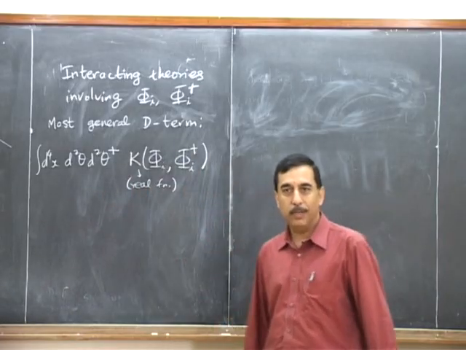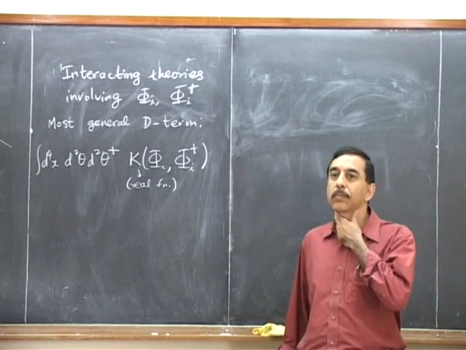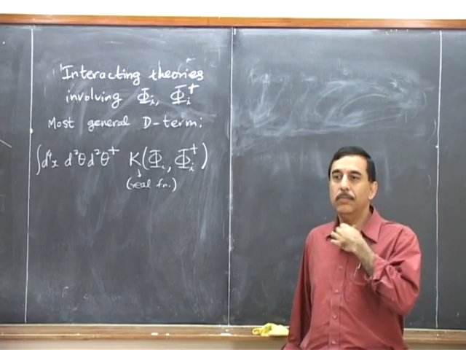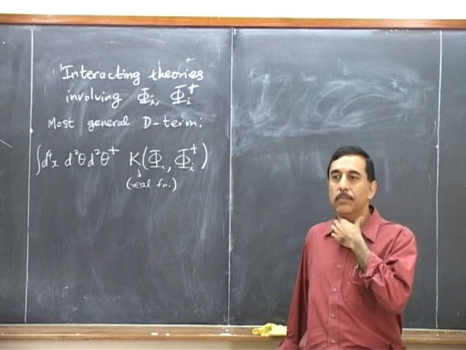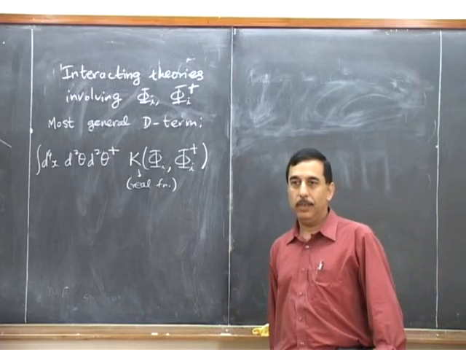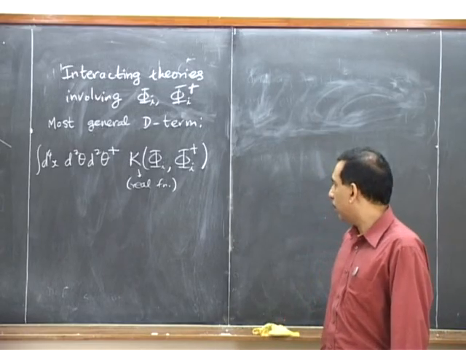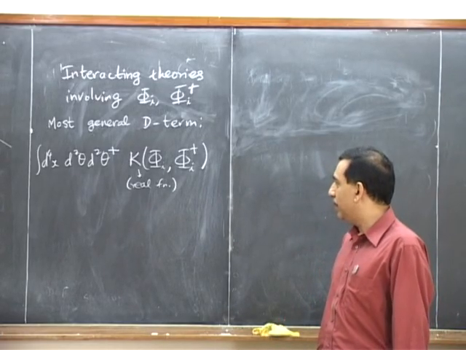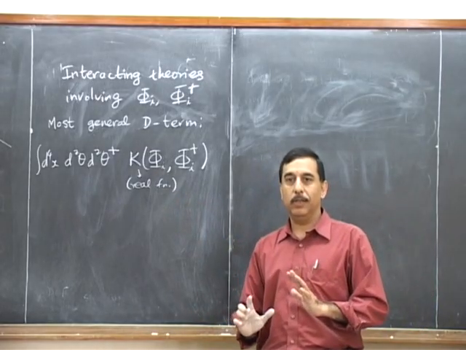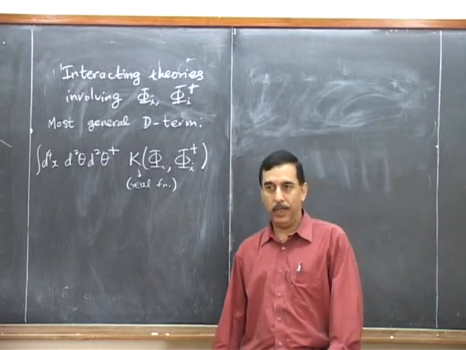Is it obvious that this is going to be supersymmetry invariant? For the general proof of supersymmetry invariance, I will come back to it and we will see that it is obvious. All you really need to know is the following. Phi is a chiral superfield, so it transforms in a particular way under supersymmetry, as i epsilon Q phi plus epsilon dagger Q dagger phi.